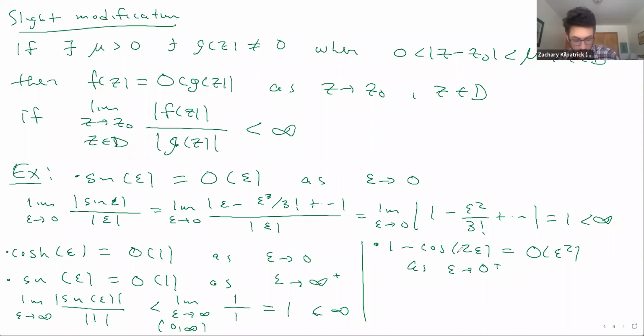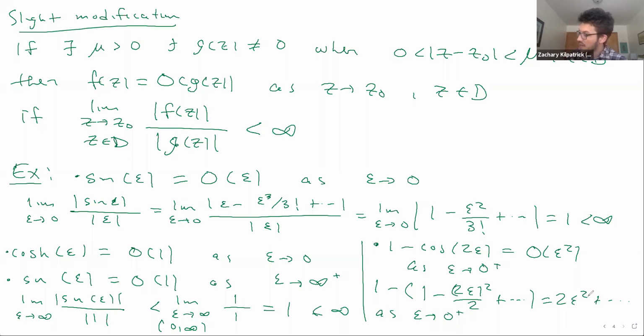Okay, so for this problem, we have 1 minus 1 minus 2 epsilon squared over 2 plus so on and so on, which is going to be 2 epsilon squared plus other stuff, okay, as epsilon goes to 0, from above.